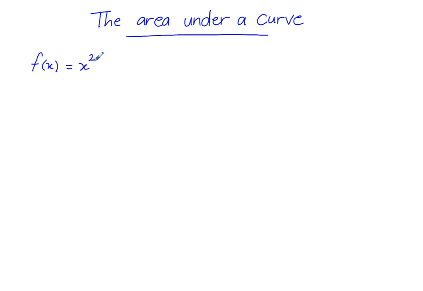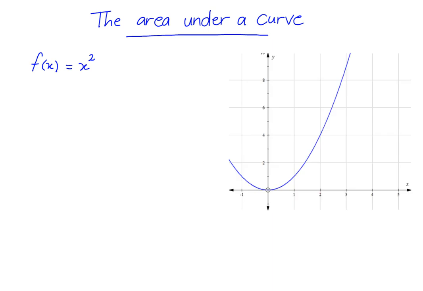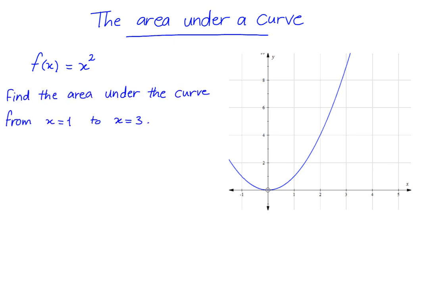We know that the graph of this function is a parabola like the one shown in the diagram here. And let's say that we want to calculate the area under the curve from x equals 1 to x equals 3.